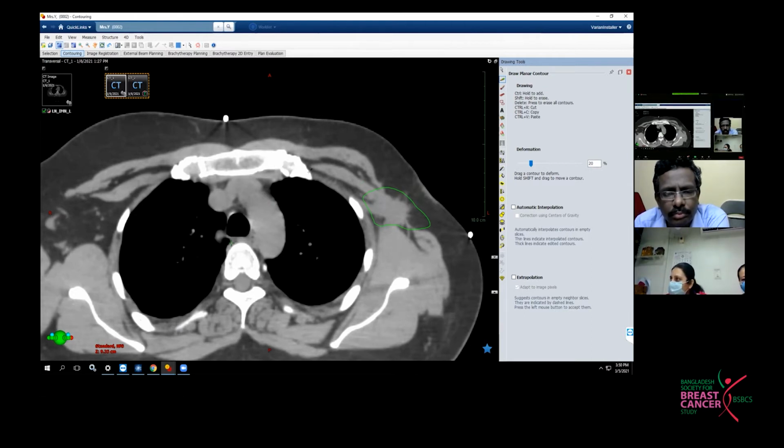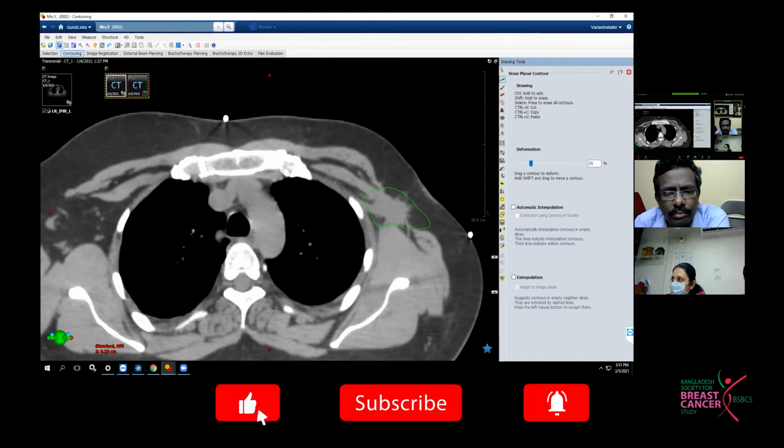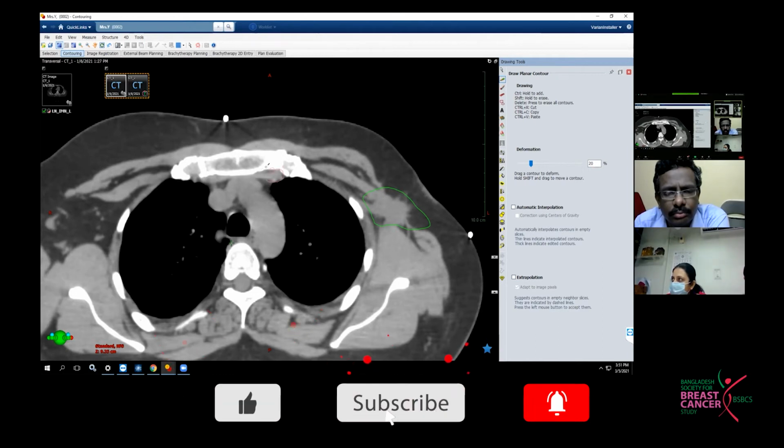This is the first rib, and this is the head of the manubrium. From the junction between these two structures, from this level, we will start contouring the internal mammary lymph node, and it includes the vessel.